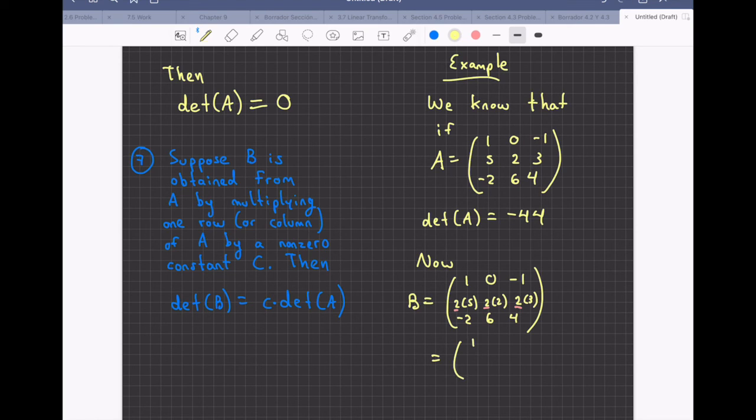And this is 1, 0, negative 1, 10, 4, 6, negative 2, 6, 4. Then the determinant of B is going to be 2 times the determinant of A, or 2 times negative 44. This is negative 88.